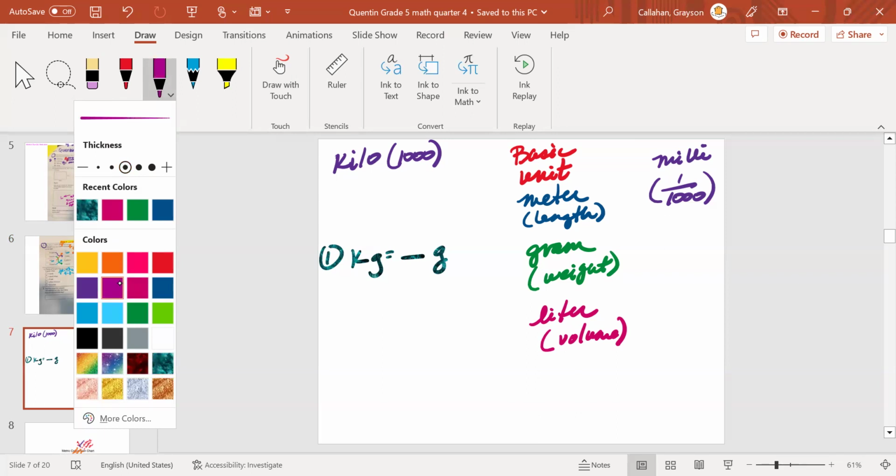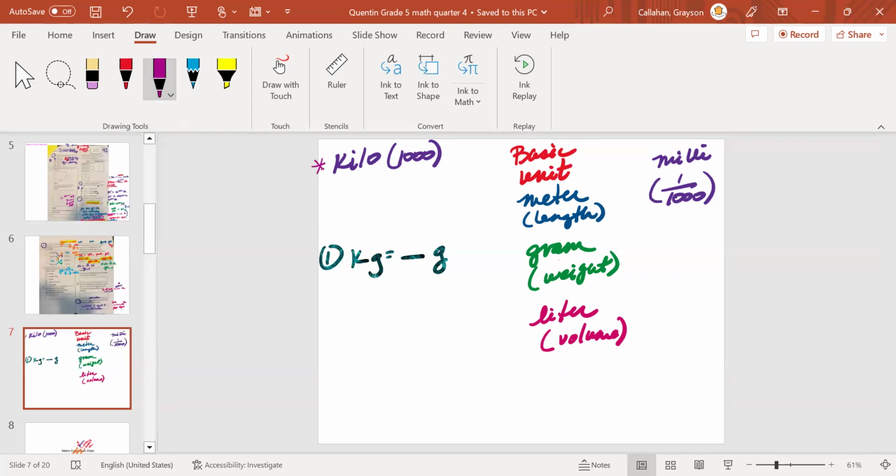Are you going to the right or to the left? Kilo's right here, gram is right there. So you're going to go to the right. How many spaces? 1, 2, it's always 3. 3 spaces to the right. Do you see that? Because you're going from here to here, right?